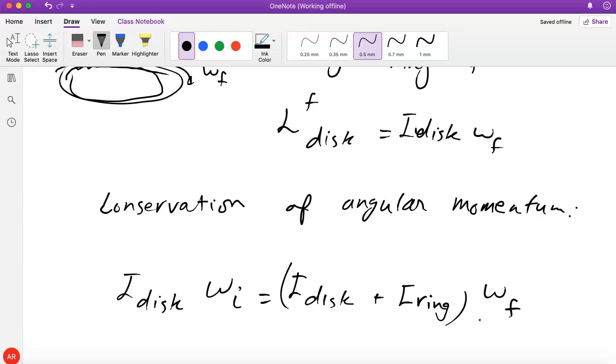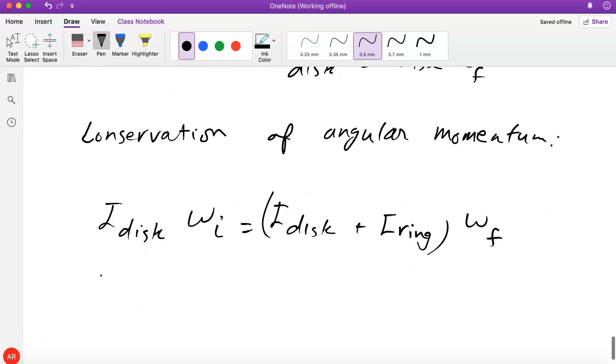So it's a very simple equation, right? Initially, only the disk is rotating, so the total angular momentum is the moment of inertia of the disk times the initial angular velocity. And then that must be equal to the final angular momentum, which is, because both of them are rotating, the total moment of inertia times the final angular velocity.